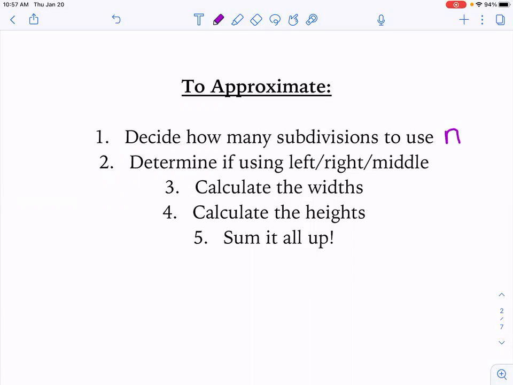I will tell you whether we're going to use left, right, or middle approximations, or they might say, find the over approximation, find the under approximation. And we'll talk about how we know which is which.